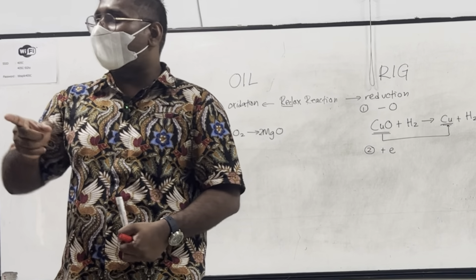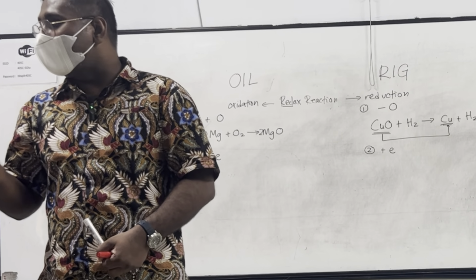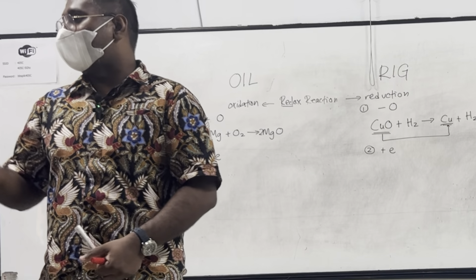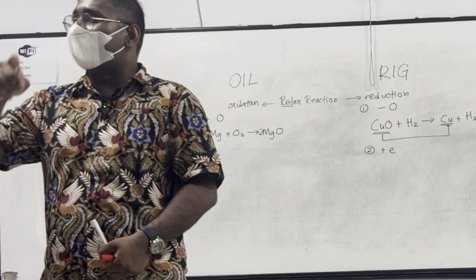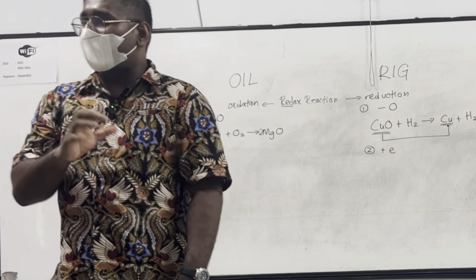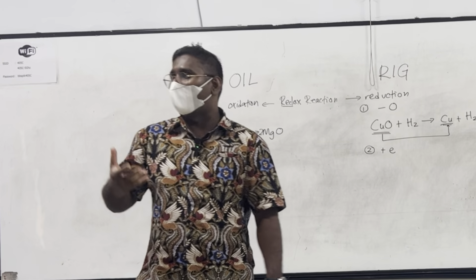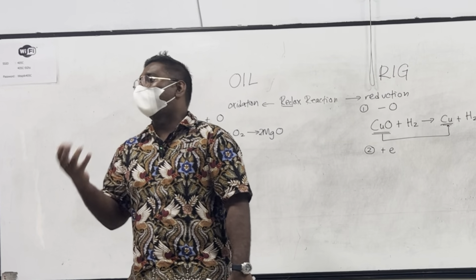Ionic equations do not have electrons, because in ionic equations we remove the spectator ions. In this case, this is not an ionic equation, this is a half equation. Half equations we normally use in electrolysis.